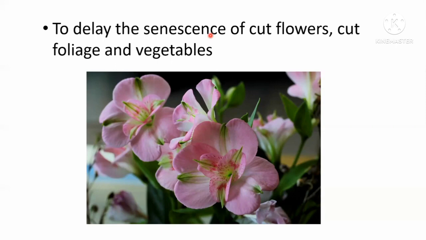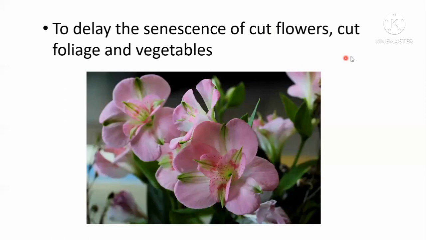Even in Sri Lanka, in cold places like Nuwara Eliya and Bandarawela, we can see this alstroemeria. It's available in three colors, as I know: red, pink, and white. By using cytokinin, we can increase the shelf life of these cut flowers.